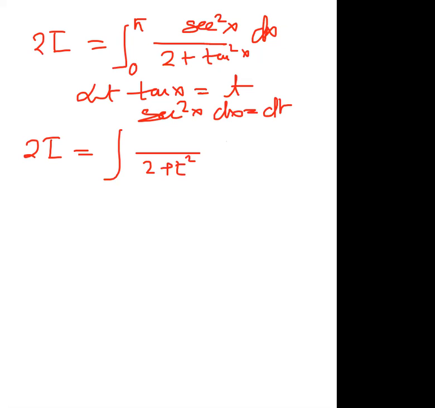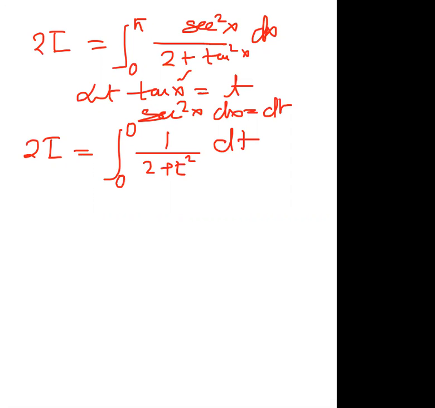Need to change the limit. X will put 0, tan 0 will be 0. X will put pi. What is the value of tan pi? It is again coming to be 0. And 0 to 0 means the result will be 0. So we need to think of some alternate technique for this.